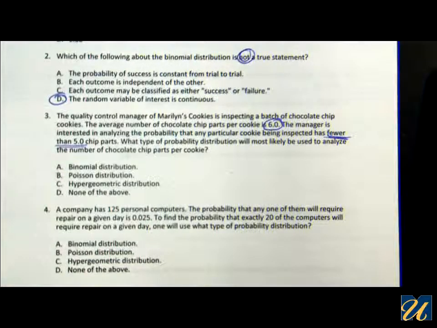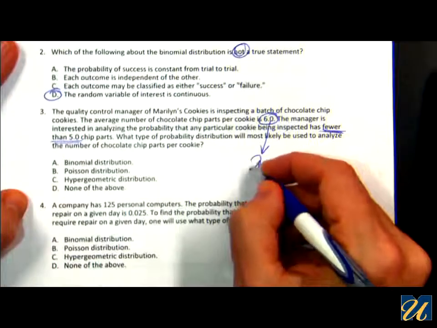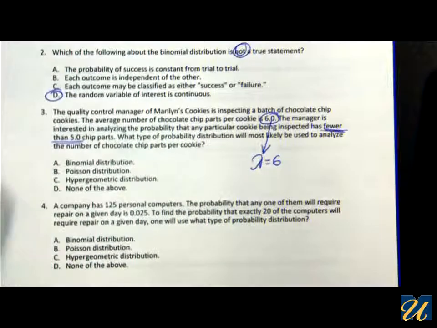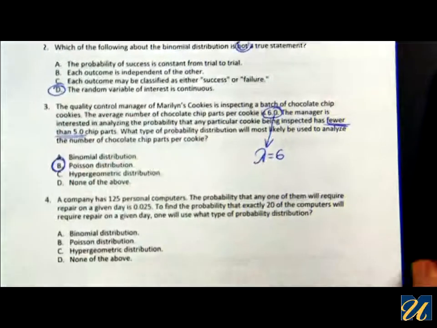What type of probability distribution will most likely be used to analyze the number of chocolate chip parts per cookie? Since the only information given to us is the average, lambda, then in this case we would have to use Poisson probability distribution. So this would be B.